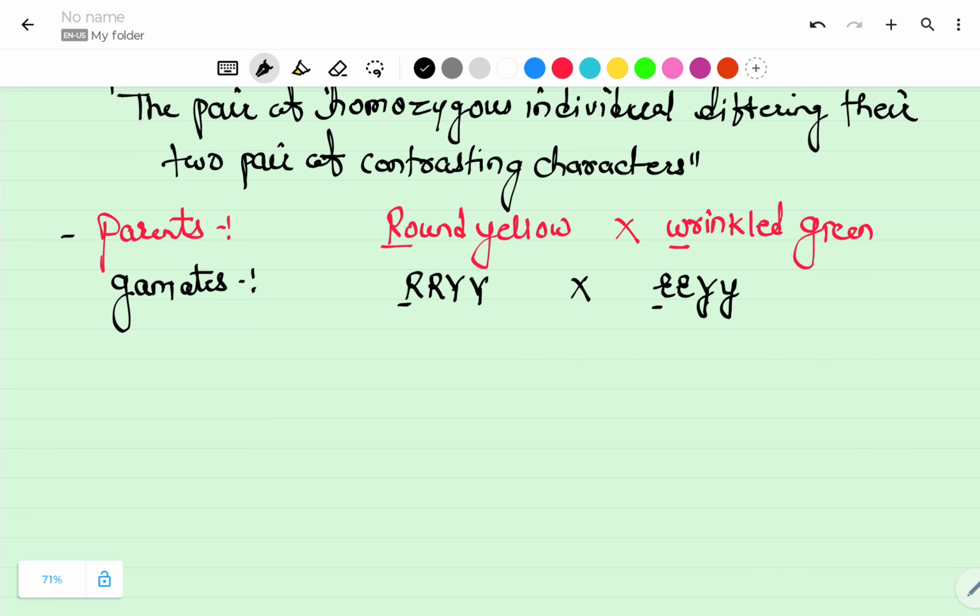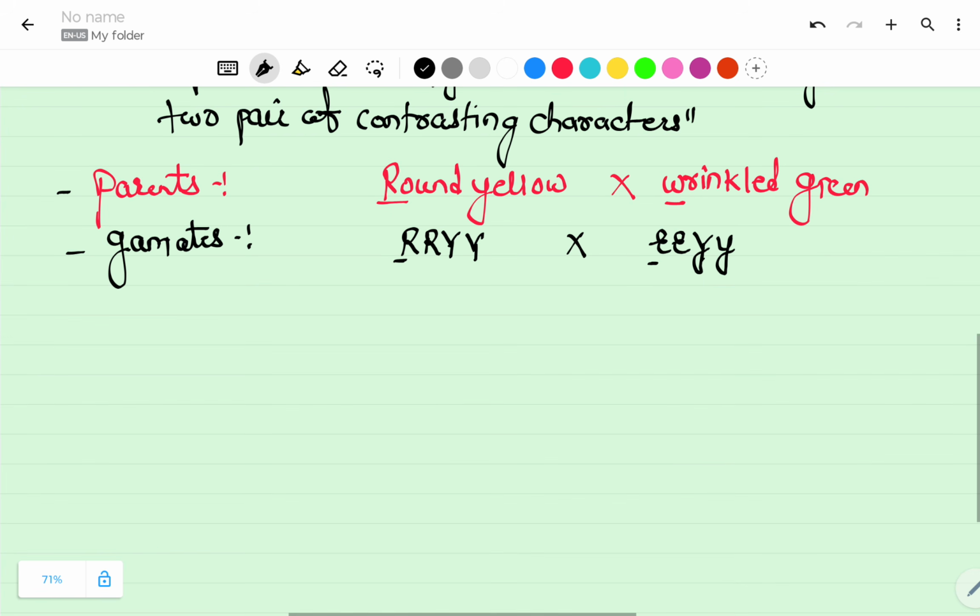Now the next is the parent gametes. The third point is selfing their characters. First we sort and then self the gametes. So we separate the gametes: capital R, capital Y, small r, and small y.